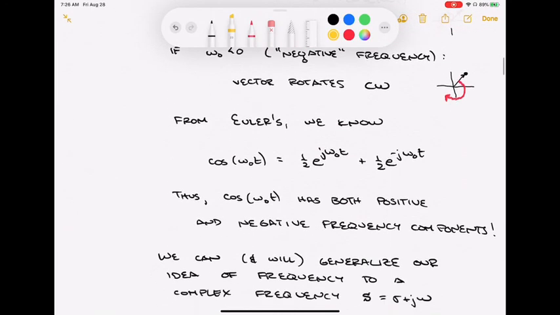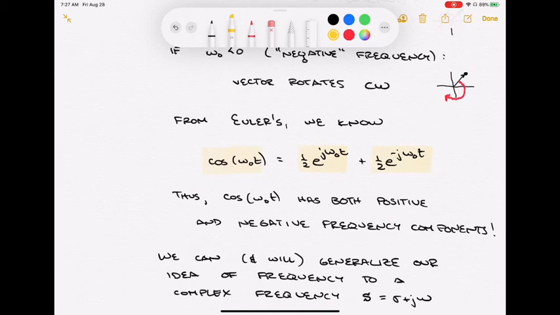From Euler's, when we looked at the alternate versions of Euler's, we did come up with an expression for cosine, right, cosine omega naught t, in terms of two complex exponentials. And so really this is somewhat interesting. The idea of a real sinusoid cosine omega naught t is that it's built up of two building blocks. It's got two frequency blocks, right, both complex exponential. One is a positive frequency exponential, a frequency omega naught.